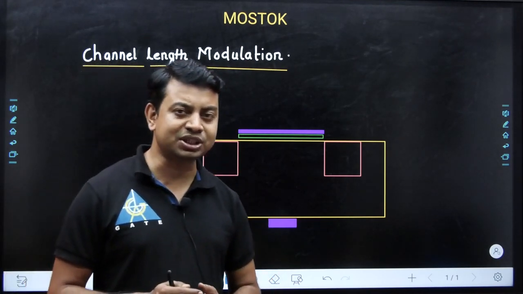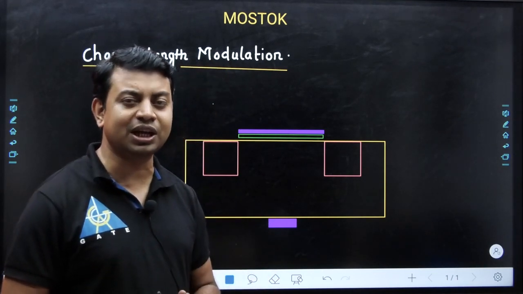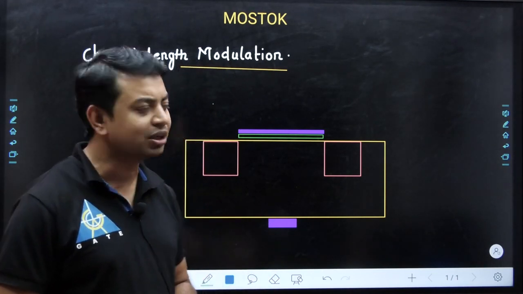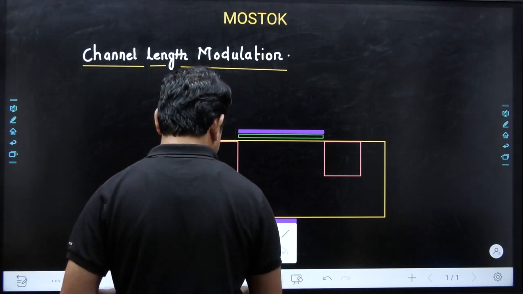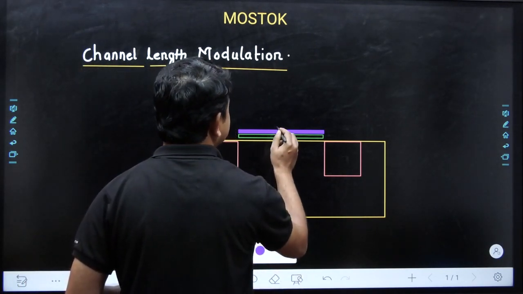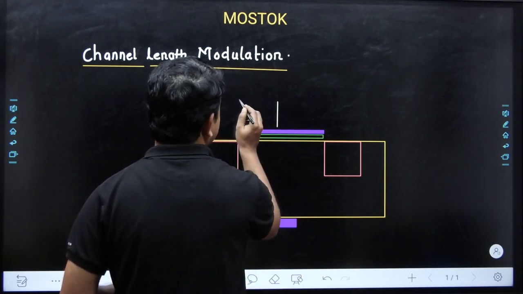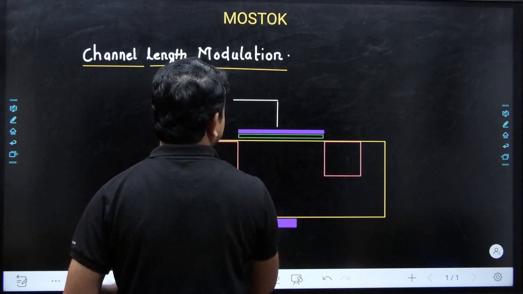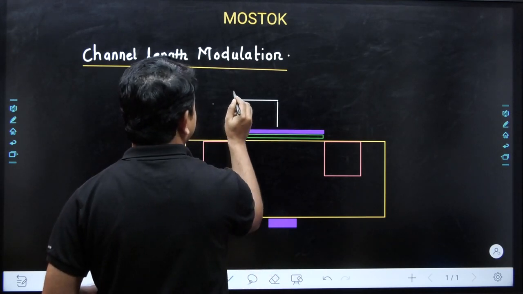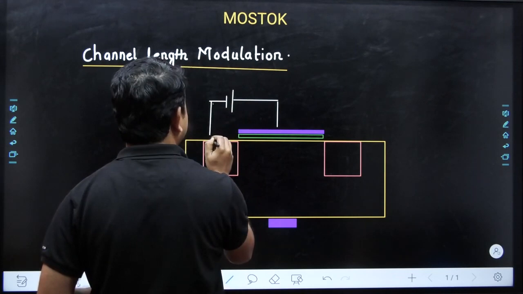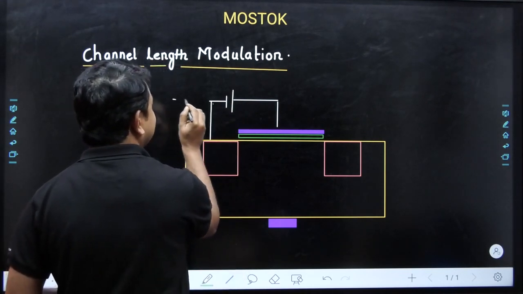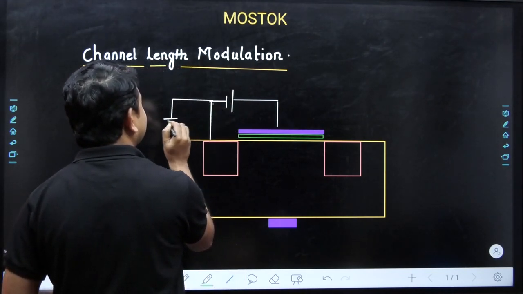In the previous section, we applied a potential at the gate terminal, and that potential helps this device create a channel. What is the potential that we are applying with respect to the source terminal? The potential is positive here and negative here, applied with respect to the source terminal, and the source terminal is taken as grounded.